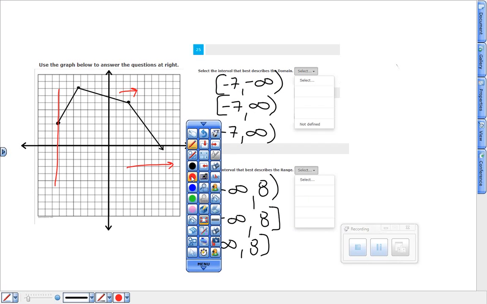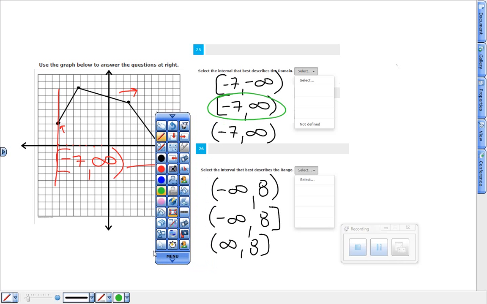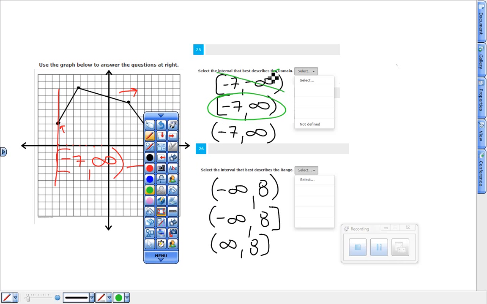So that would be from -7 with a square bracket because of that solid circle. And then anything going to the right, +infinity. So that's the only one. This bad choice has -7, -infinity. This bad choice has rounded on the -7. Be careful for those little nuances.